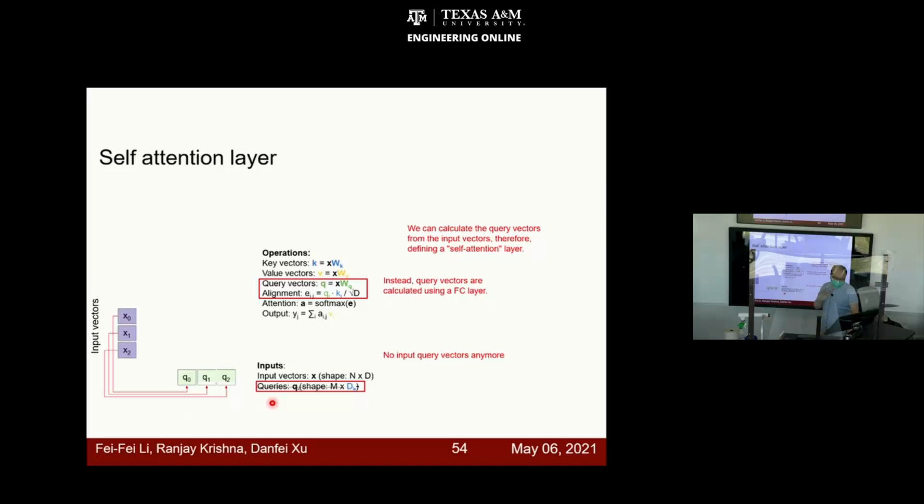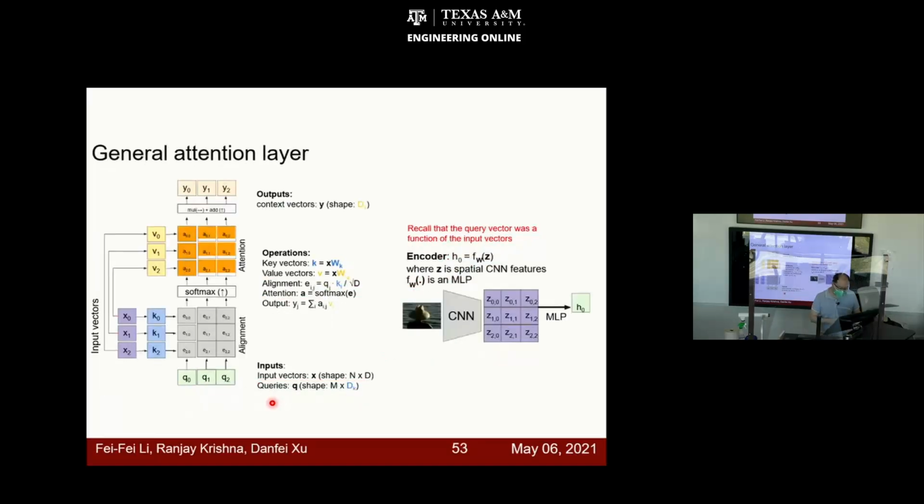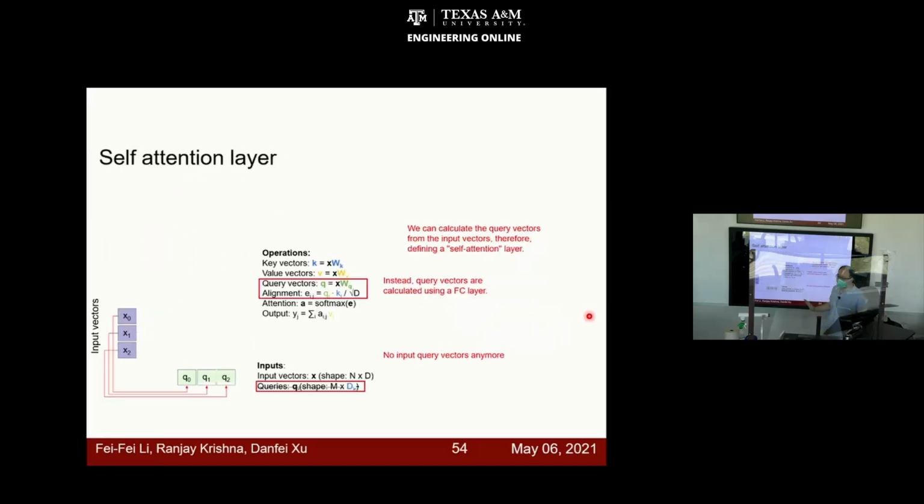So in other words, previously, my Q was given. In the image captioning example, the Q are the H from the decoder. Now, Q is not given. It's a self-attention, for instance, within the encoder. It's like X paying attention to itself.